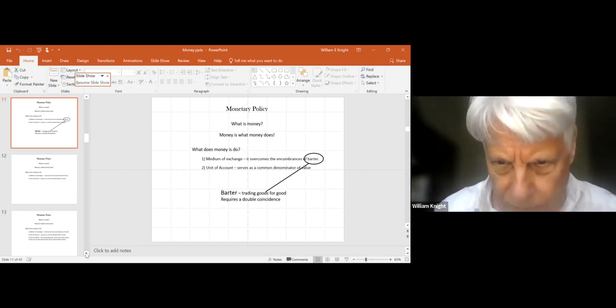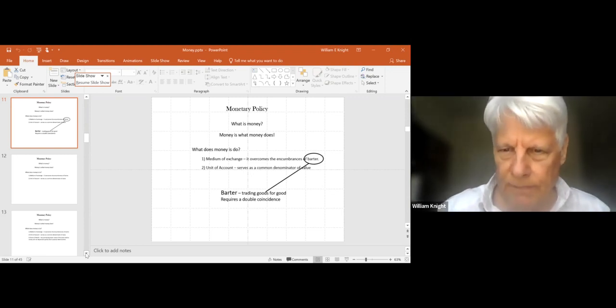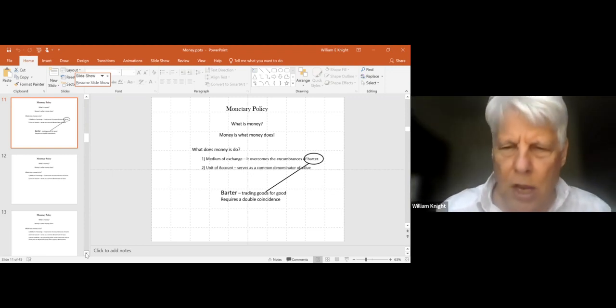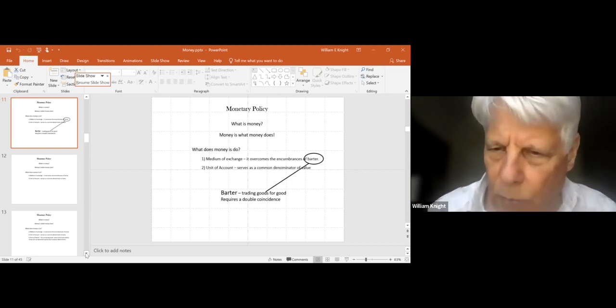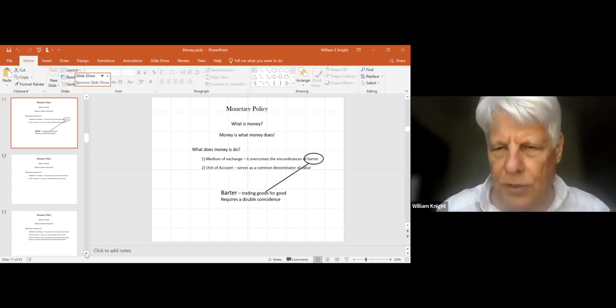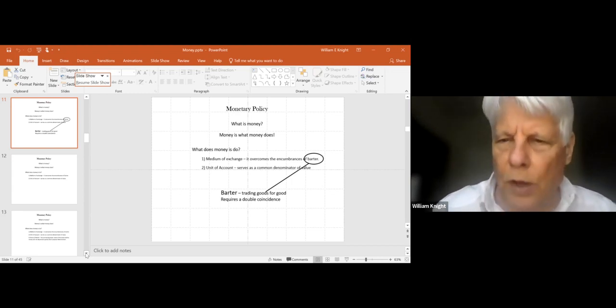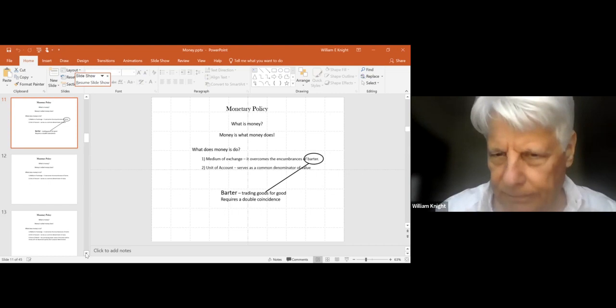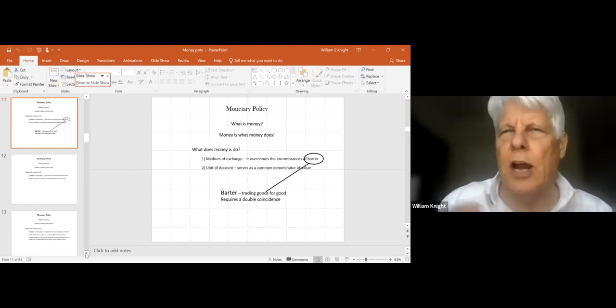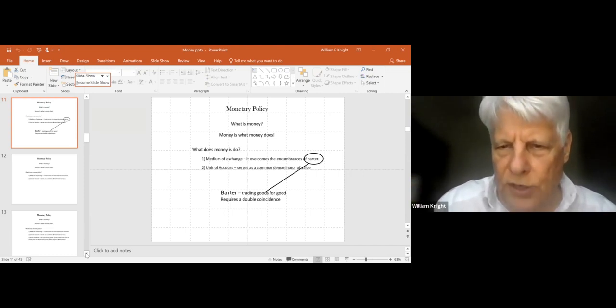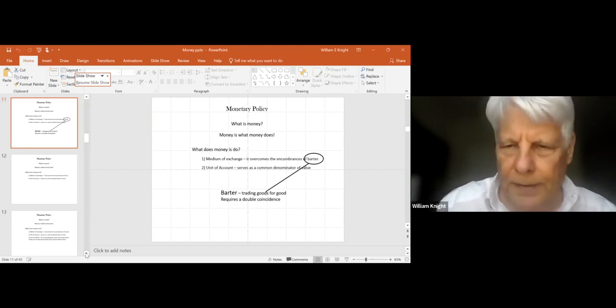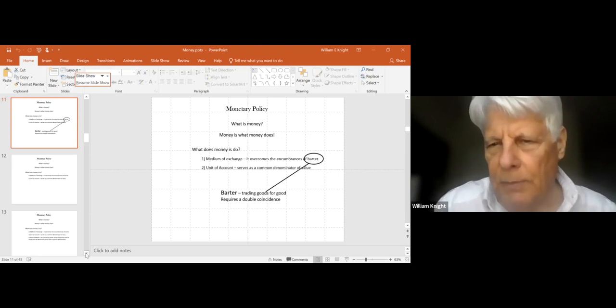Now we only need one coincidence, not a double coincidence. The coincidence we need is that the buyer must find a seller who has what he wants, because if everybody accepts the money, he automatically has what the seller wants, money. So that's how money overcomes the encumbrances of barter. It reduces the number of coincidences necessary to make a trade from 2 to 1, which makes it infinitely more convenient.